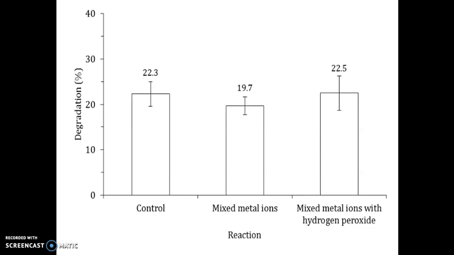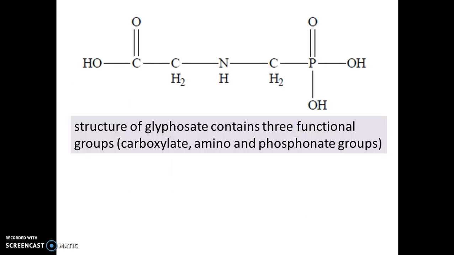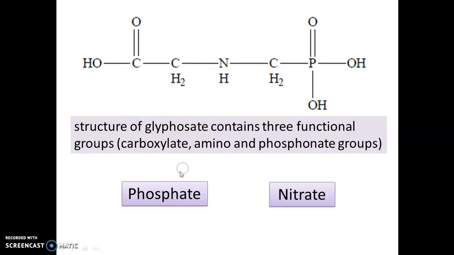Throughout photodegradation, intermediate species are produced. If you still remember the structure of glyphosate, when it is degraded, it contributes to phosphate and nitrate anion.